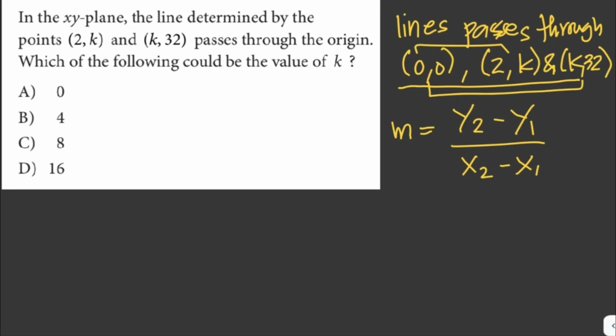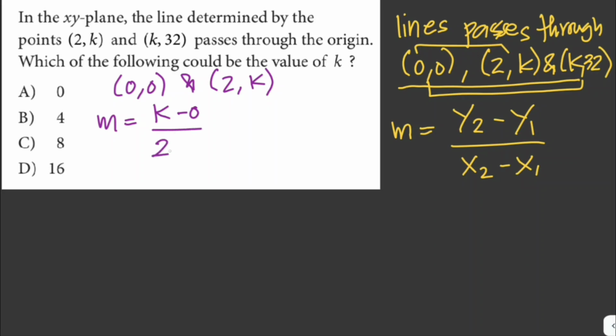So using the first two points, say (0, 0) and (2, k), let's solve for the slope. This is k minus 0 over 2 minus 0, so we have k over 2.